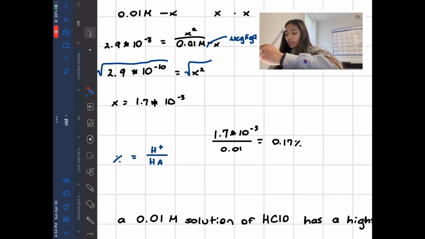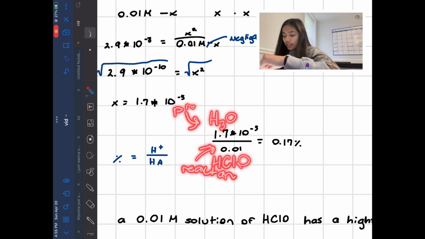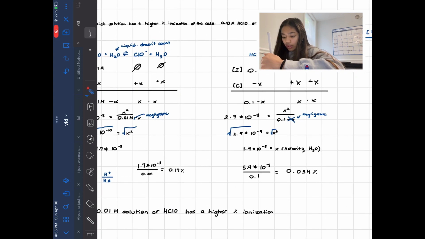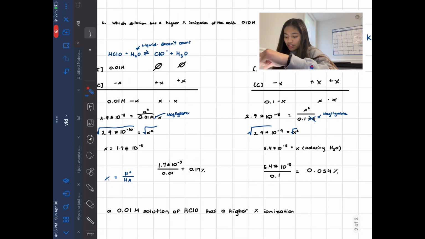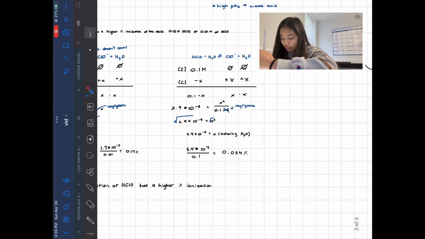So we have H3O on top and HClO on the bottom, and we do that for both. 0.17% is for a 0.01 molar solution, and 0.054% is for a 0.1 molar.